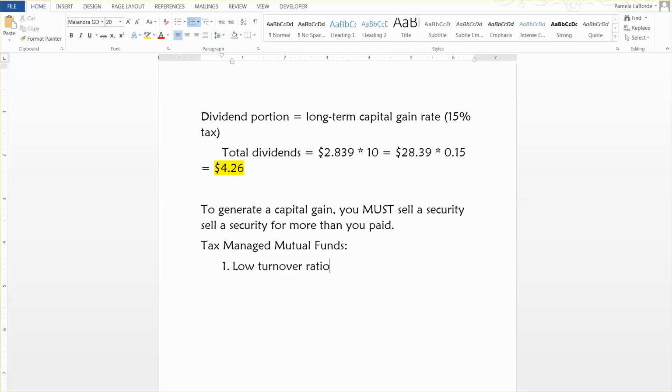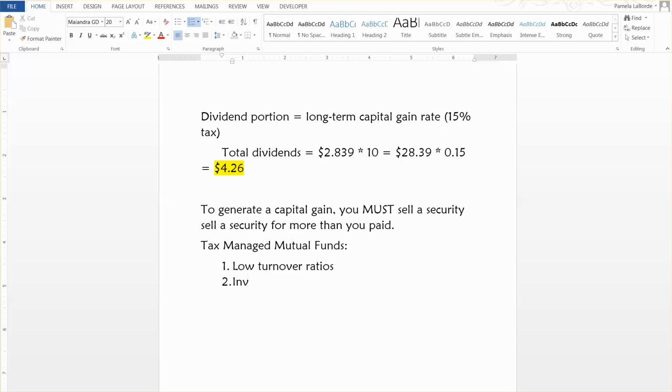So funds with low turnover ratios will be more advantageous for us tax-wise. And tax managed funds typically have low turnover ratios.